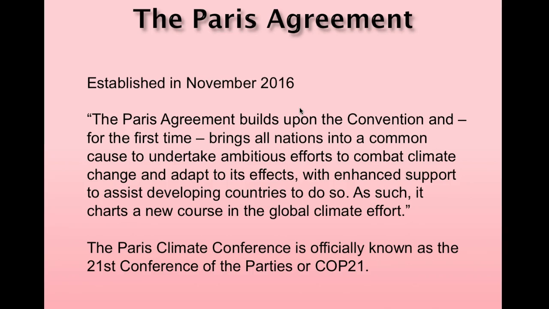What the Paris Agreement is looking at, again, looking at greenhouse gases, but it's really trying to focus on ambitious climate change adaptations, things that will help enhance and support all developing nations.